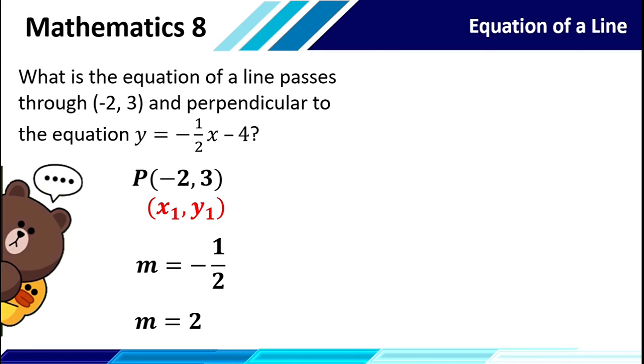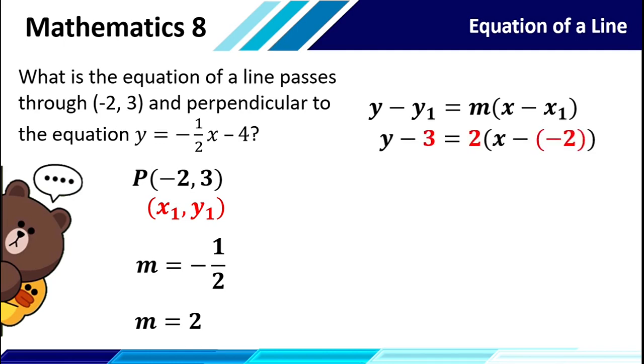Now that we have a point and a slope, we can use the point-slope form to find the equation of the line. So we will have y - y sub 1 = m times (x - x sub 1). Just distribute our given data to our formula. So we will have y - 3 = 2 times the quantity (x - (-2)).